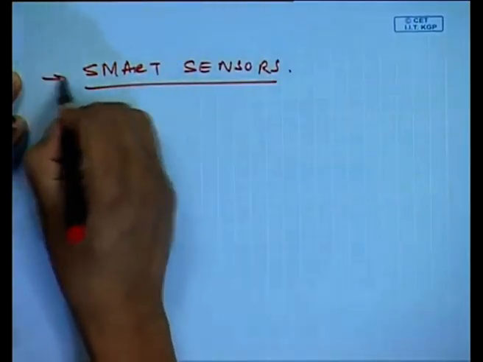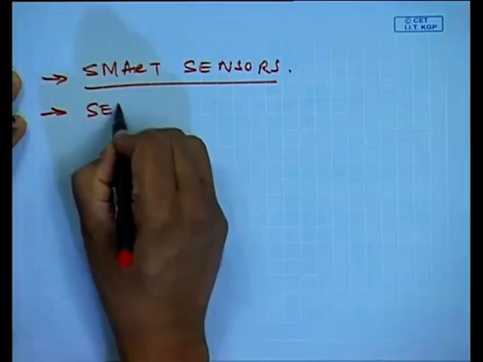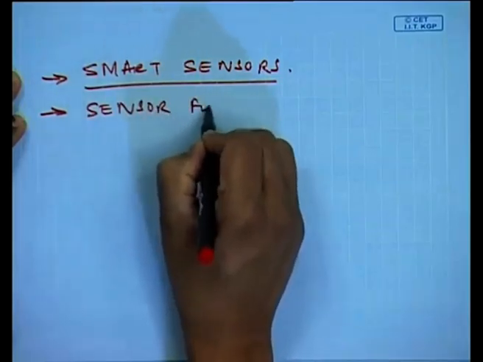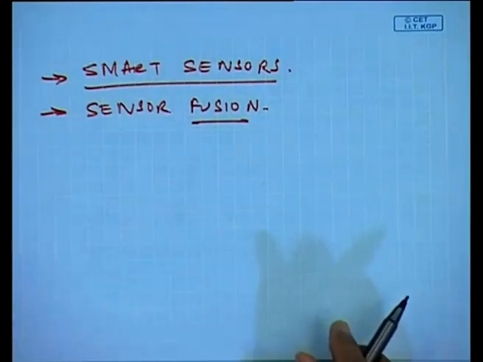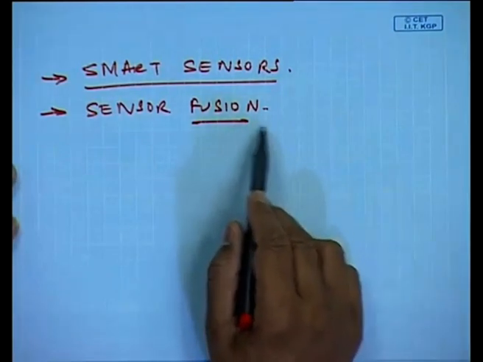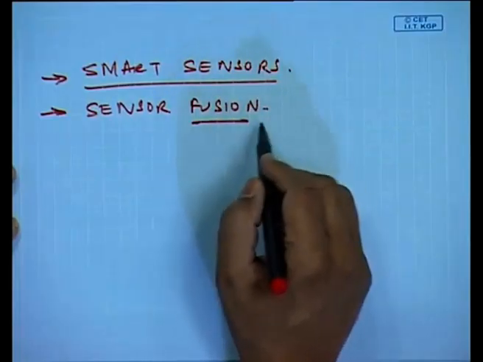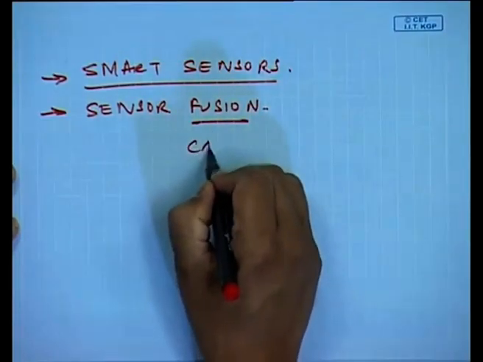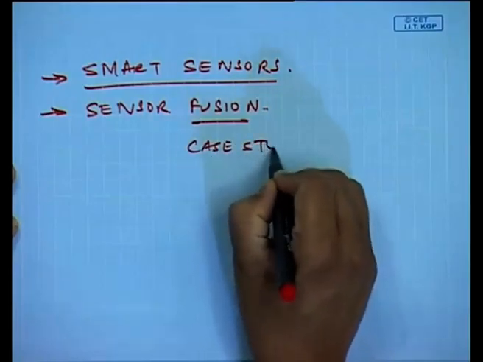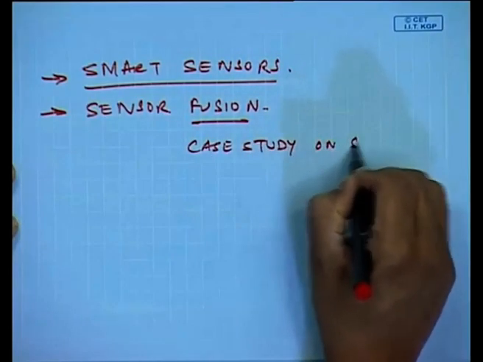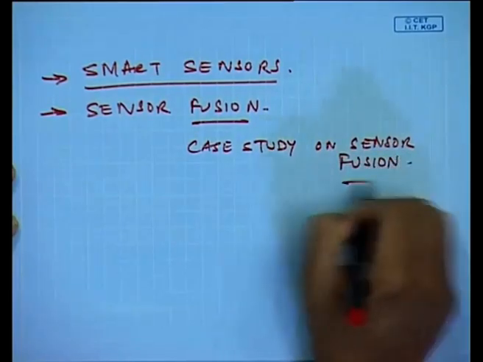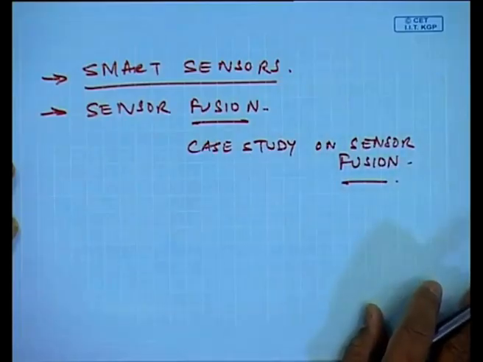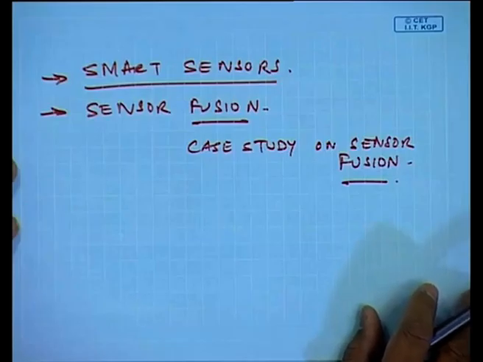And topics like sensor fusion, whether a single sensor will do or multiple sensors have to be used. Towards the end of this lecture I will give you a short case study on sensor fusion, and we will see how the remaining useful life of a cutting tool can be predicted by using sensor fusion.